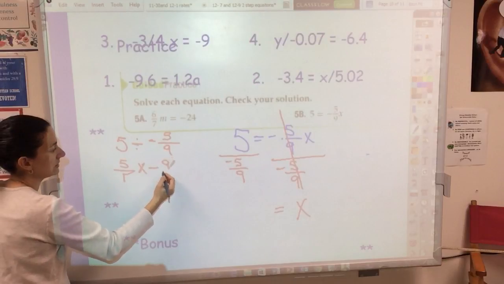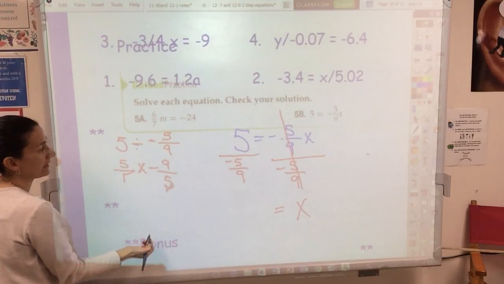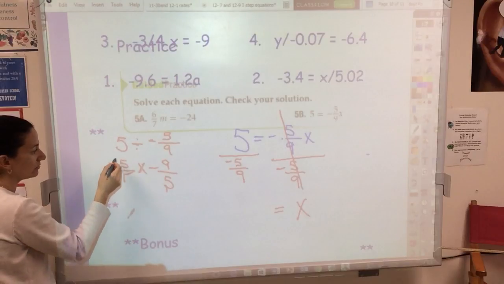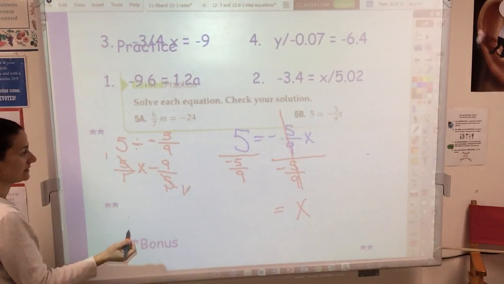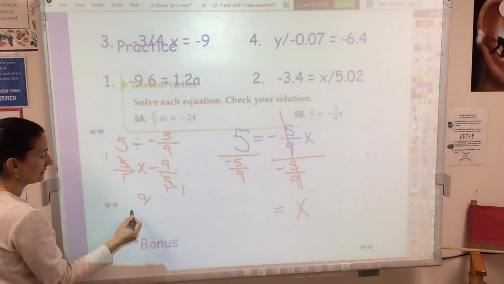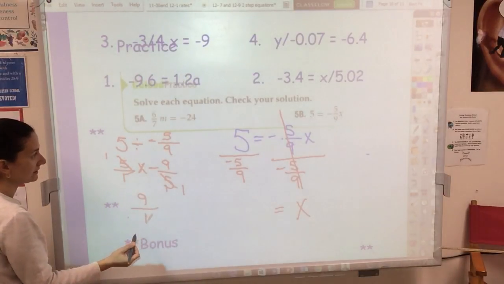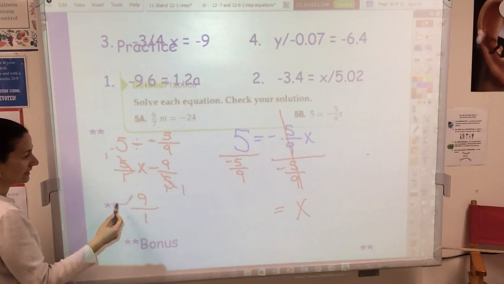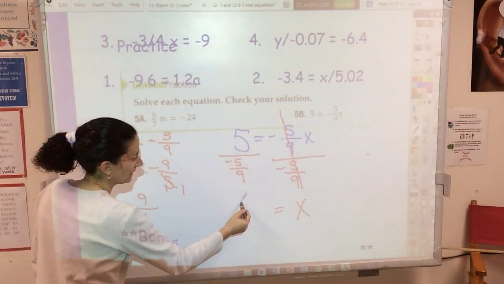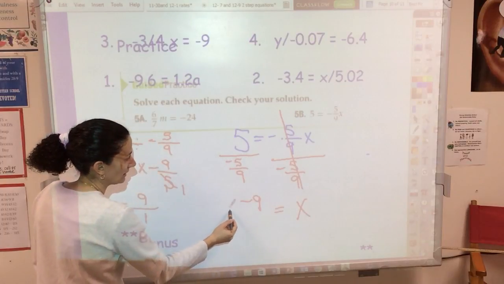Again, division is multiplying by its reciprocal. Okay, I can cross simplify here. I can divide the 5s by 5 and get 1s. 1 times 9 is 9. 1 times 1 is 1. And a positive times a negative is a negative. And negative 9 over 1 is simply negative 9 wholes.